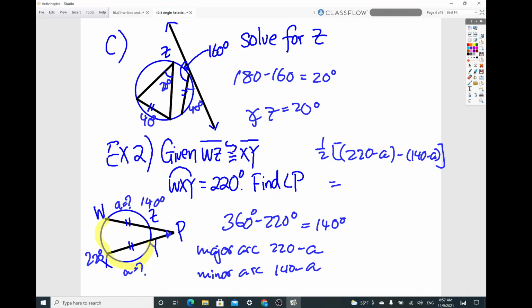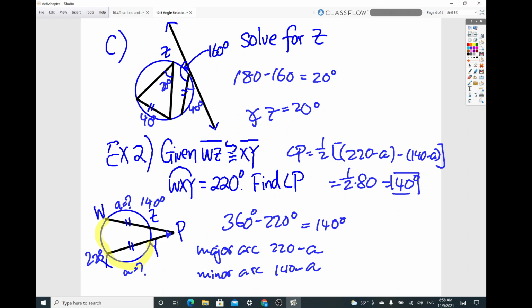As you can see, 220 minus 140 is 80. Negative A plus A cancels out, so it's 1/2 times 80, which is 40 degrees. So the measure of angle P is 40 degrees.